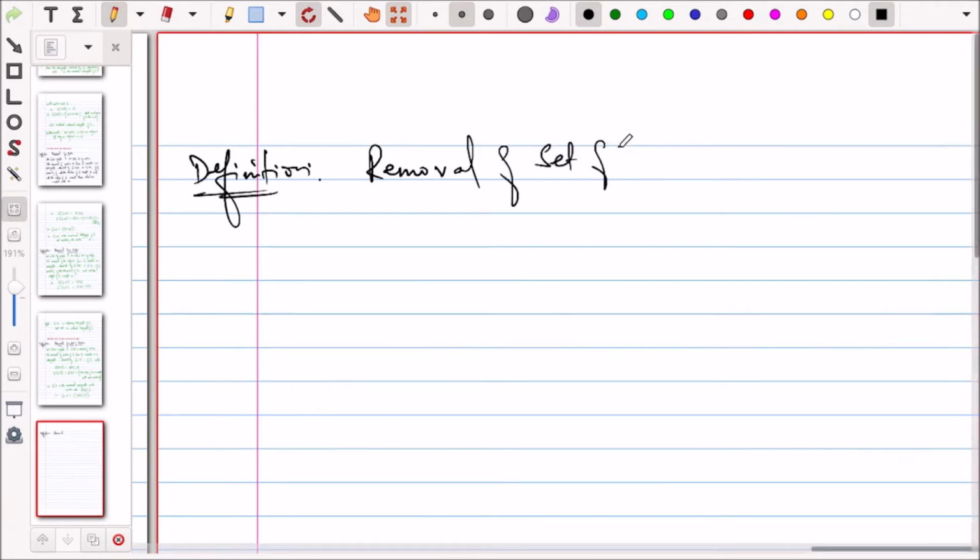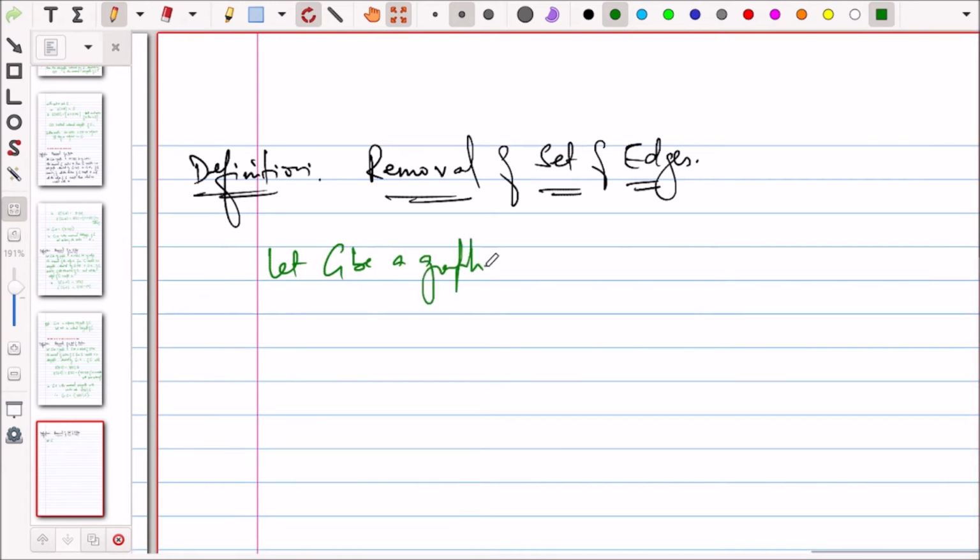इसमें क्या होगा? क्या होनी चाहिए इसकी डेफिनेशन बताओ. Let G be a graph and S be any subset of E(G). So S is basically a set of edges.